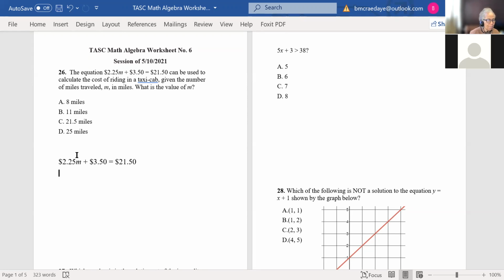You put 2.25, right? The equation, what are you going to do first? I would add up the 2.25 and the 3.50.